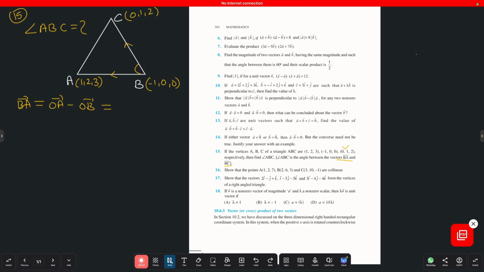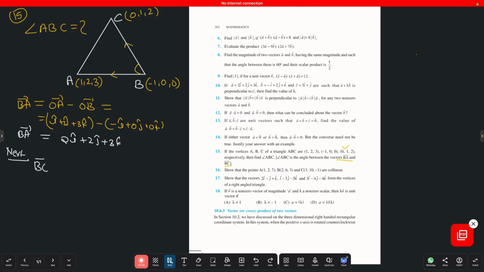OA vector is i cap plus 2j plus 3k, minus OB, which is minus i cap, 0 j cap and 0 k cap. Then subtract. 1 minus minus 1 is 1 plus 1, 2, so 2i, and 2j because 2j minus 0j, plus 3k. This is your BA vector.